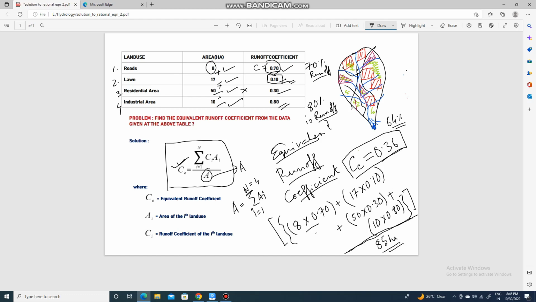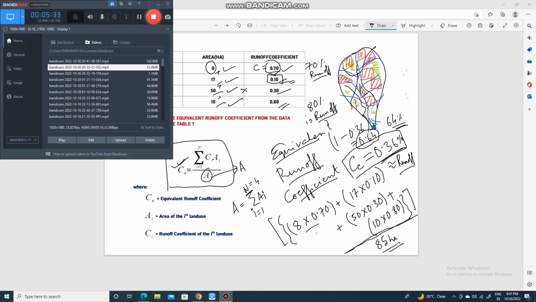If you deduct 0.36 from 1, then it comes to 0.64. And this is the part that stays in the watershed. So 64% of the water stays in the watershed, and the rest, that is 36%, is converted to runoff. So this is the way you have to solve or find the equivalent runoff coefficient.